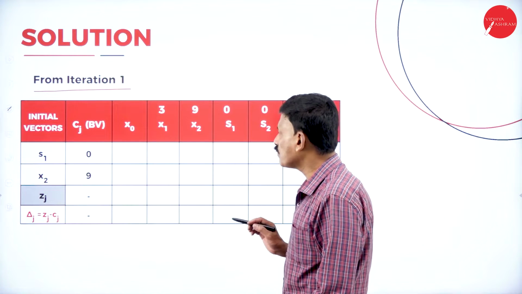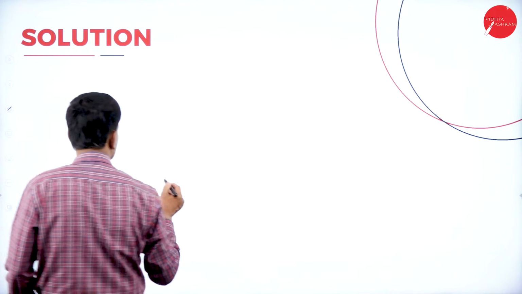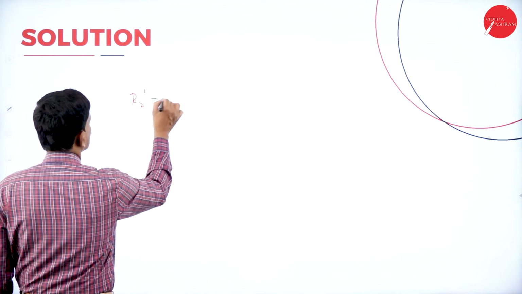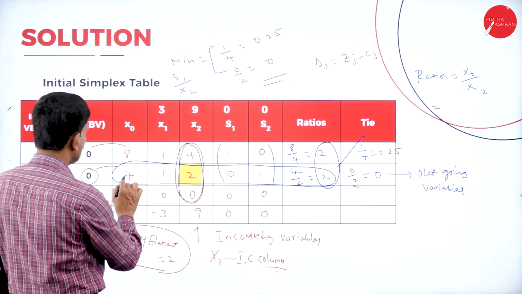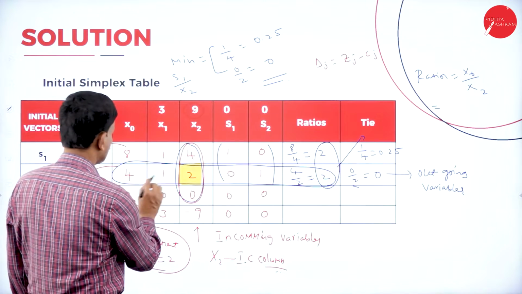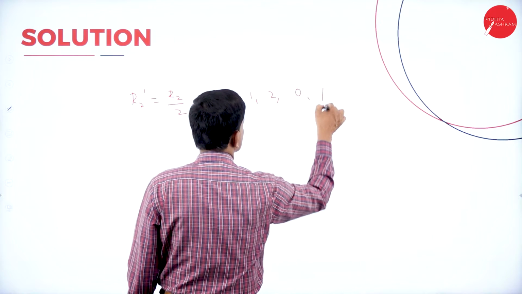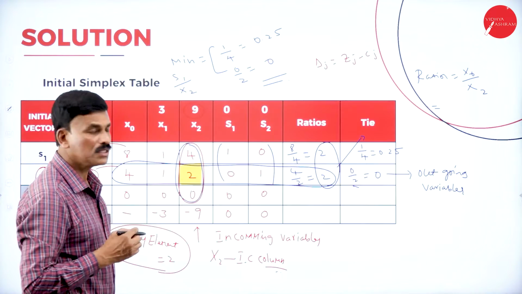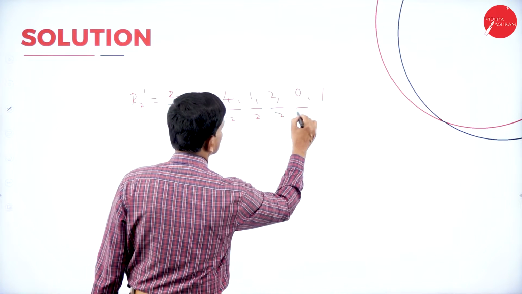Now find out R2 dash. R2 dash is equal to R2 divided by 2. Write down the elements of R2: 4, 1, 2, 0, 1. Now we are dividing by 2. Divide each and every element by 2.